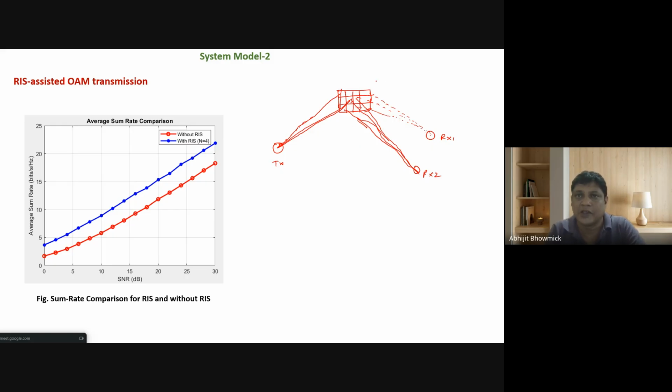The dimension of this is n, and since there are two users, it is using L1 and L2 modes. Each mode to each element becomes one channel. These are the elements: one, two, three, four.